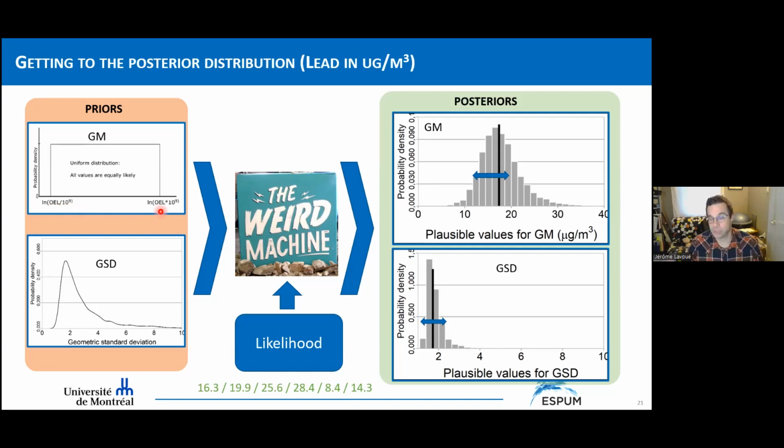So we say almost nothing about where the geometric mean is, or might be. Now for the geometric standard deviation, you can see there's definitely some information here. Our prior says that typical GSDs would be around 2. And they could also be quite high, up to 6, but above 6, it becomes fairly unlikely according to us.